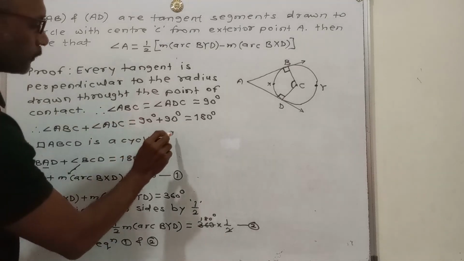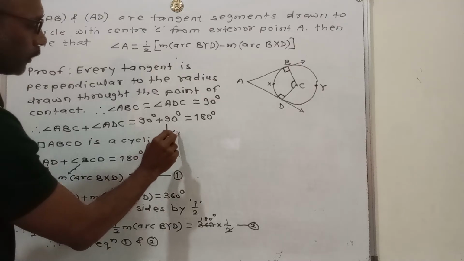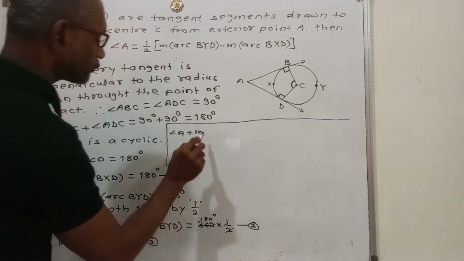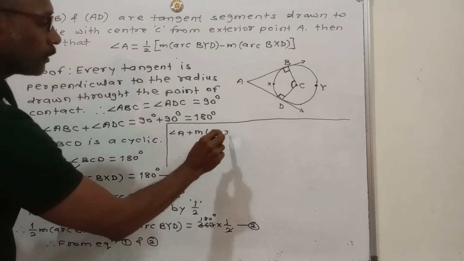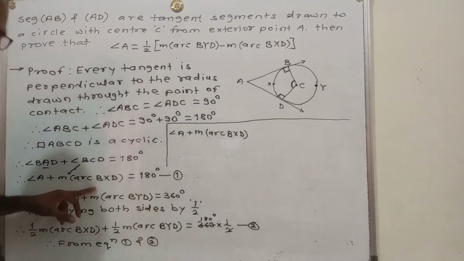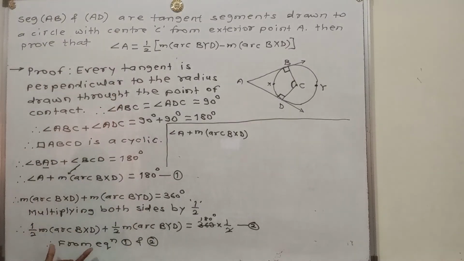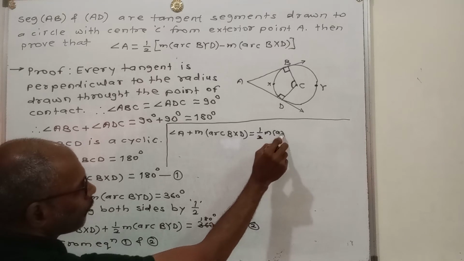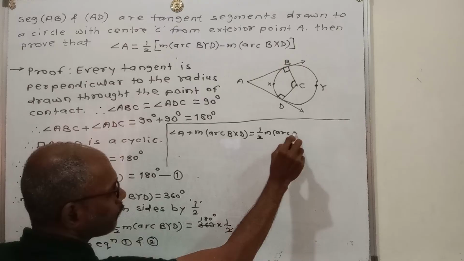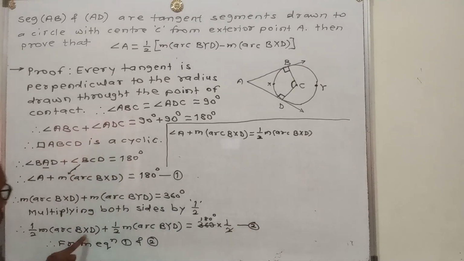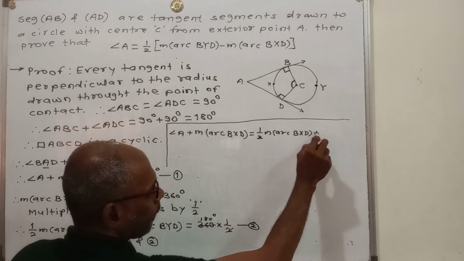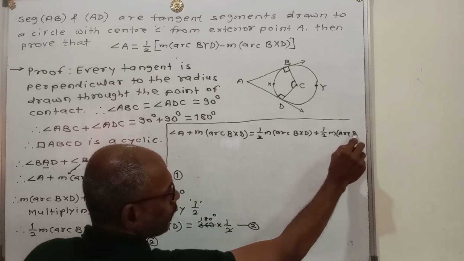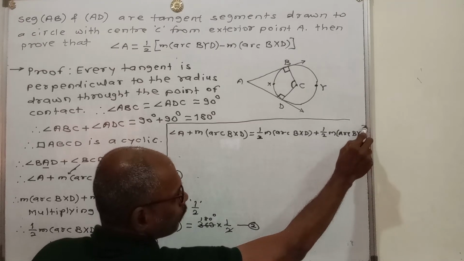Therefore, see here, angle A plus major arc BXD is equal to half major arc BXD plus half major arc BYD.